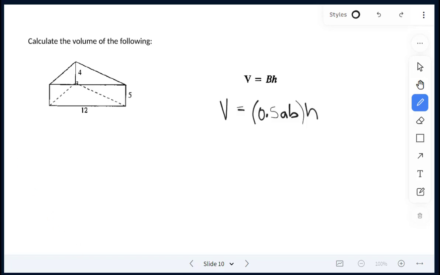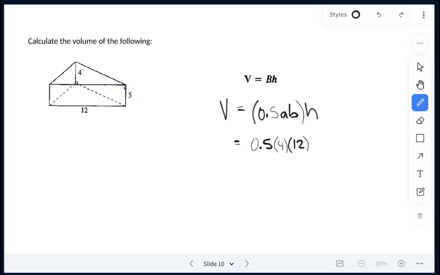All right, so here is the formula then. 0.5 AB represents the area of the base, which is the triangle, and then we have to multiply that by the height. All right, so let's substitute in all our values. So 0.5, the altitude of our triangle is 4, that's our height. And the base of our triangle is this part here, which is 12.